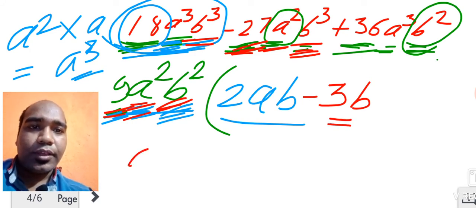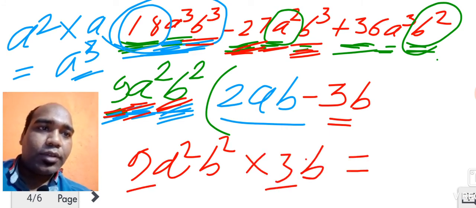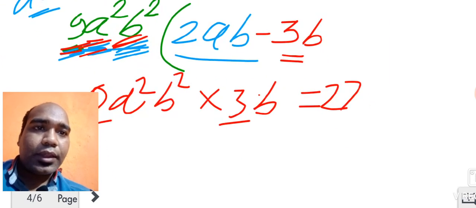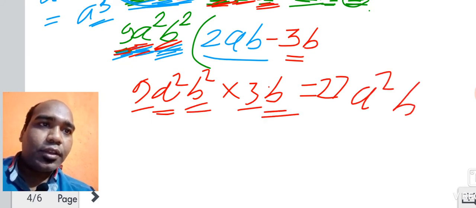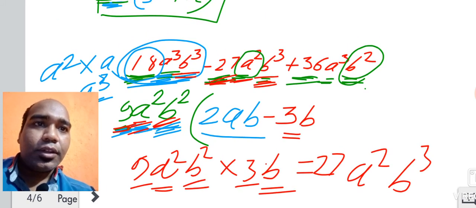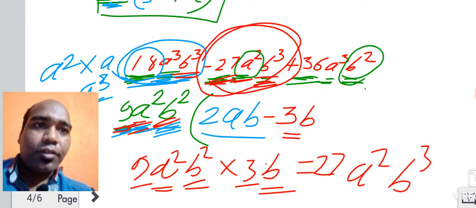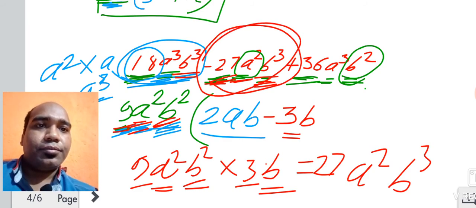You can multiply and see: 9a square b square into 3b. 9 into 3 you will get 27, and a square you will get a square only, then b square into b you will get b cube. Are we getting the same thing in this part or not? Yes. So this much we have taken. Got it?